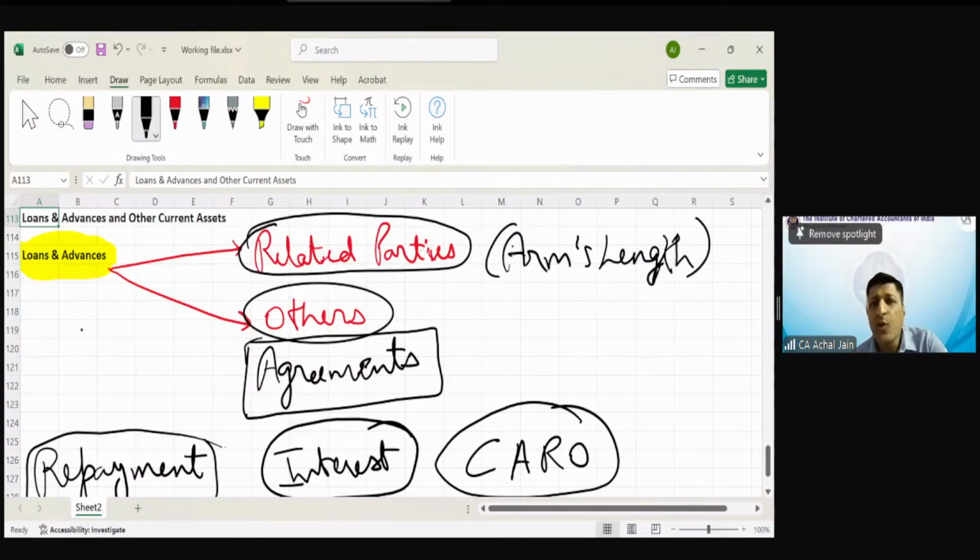Further, whenever such loans and advances are given, see, unless it's the nature of the business of the company to give loans and advances, which will happen in case of NBFCs, for example, banks, or companies which are in the nature of financial business. Otherwise, that will not be the nature of business. And in either of the cases, you need to understand whether this is permissible or not.